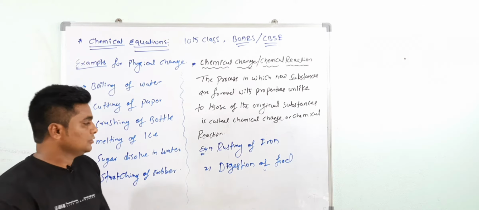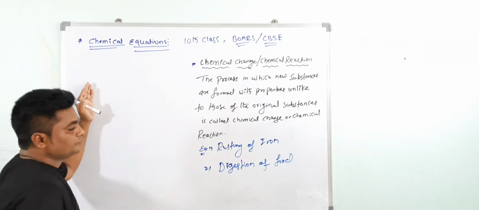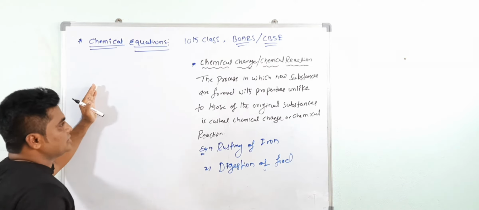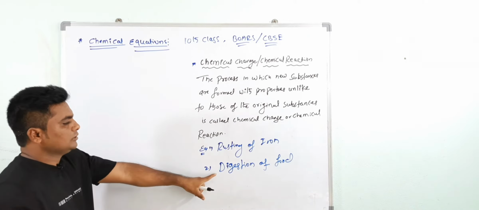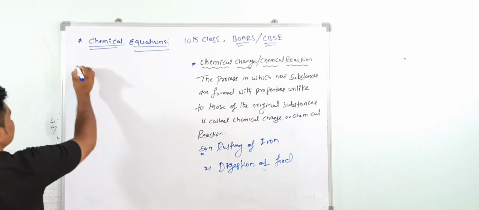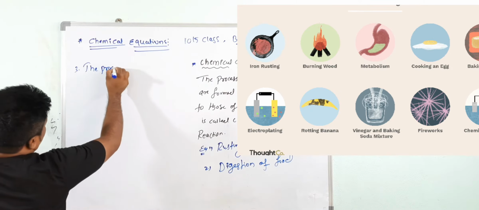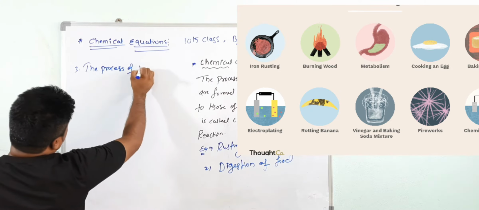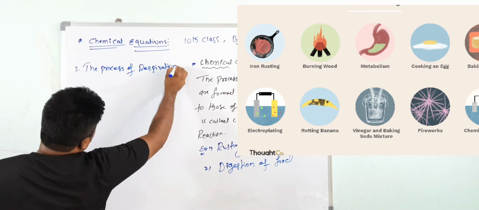Okay, right, and I will give some more examples. See here, some more examples for chemical change. The first is rusting of iron, then the digestion of food. Next, third, the process of respiration. In respiration, what happens?